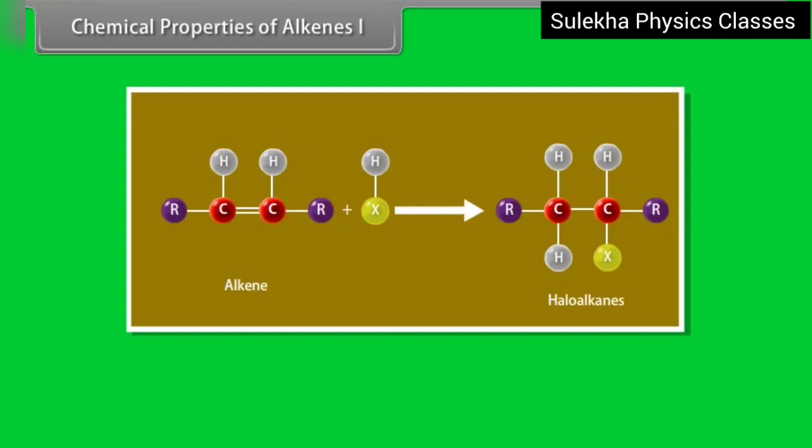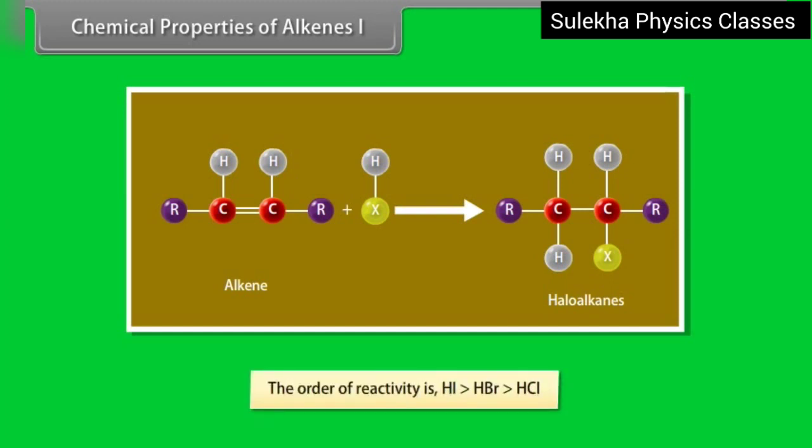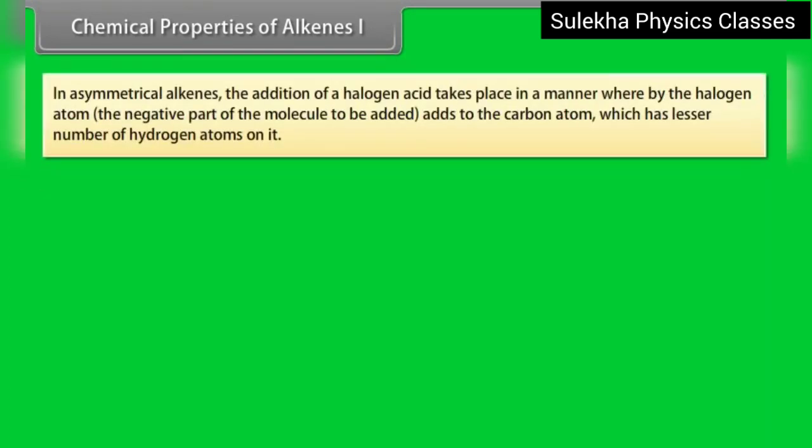Addition of halogen acids. Alkenes react with concentrated aqueous solutions of halogen acids to give haloalkanes. The order of reactivity is HI greater than HBr greater than HCl. In asymmetrical alkenes, the addition of a halogen acid takes place in a manner whereby the halogen atom, the negative part of the molecule to be added, adds to the carbon atom which has a lesser number of hydrogen atoms on it.